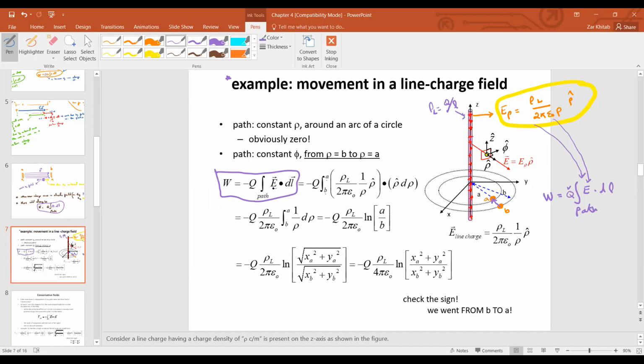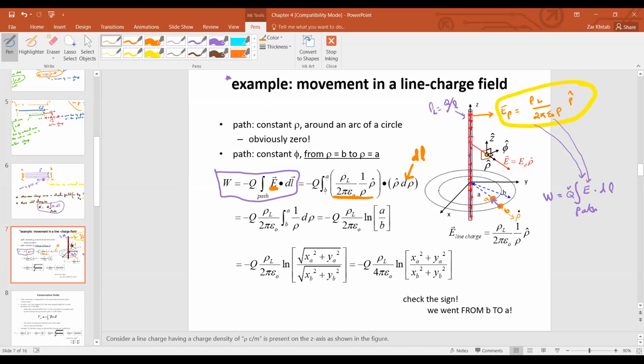And what is E? This E is this much. And what is dL? dL is d rho, which goes this way.